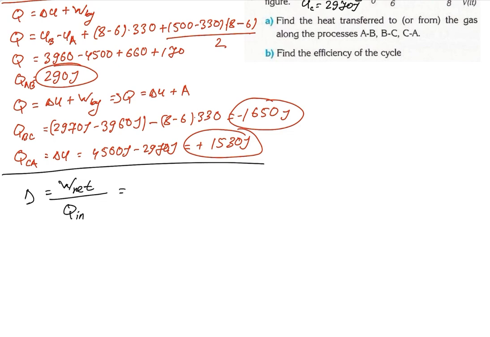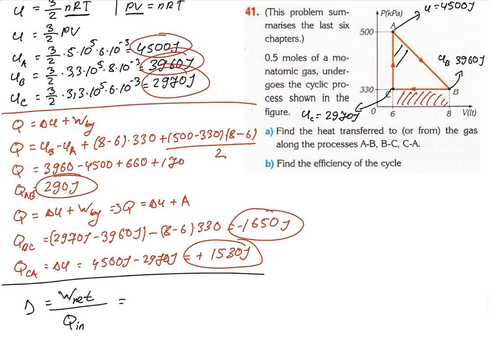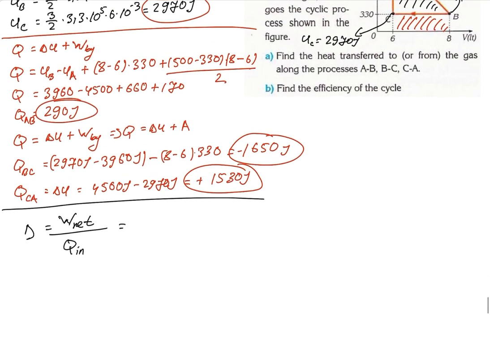So work net in this problem can be found by looking at the area of the cycle, like the interior area of the triangle. So it's equal to 500 minus 330 multiplied by 8 minus 6 over 2.